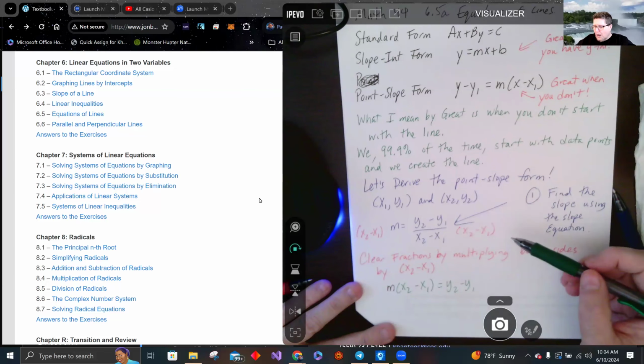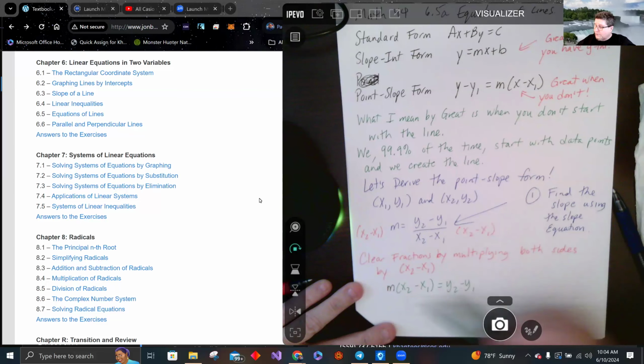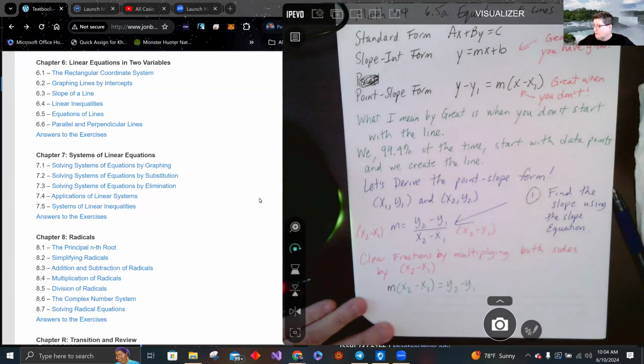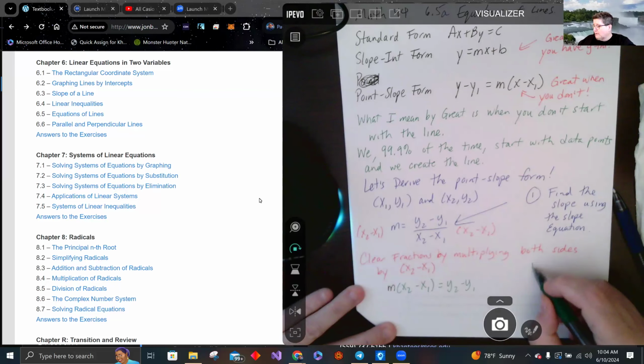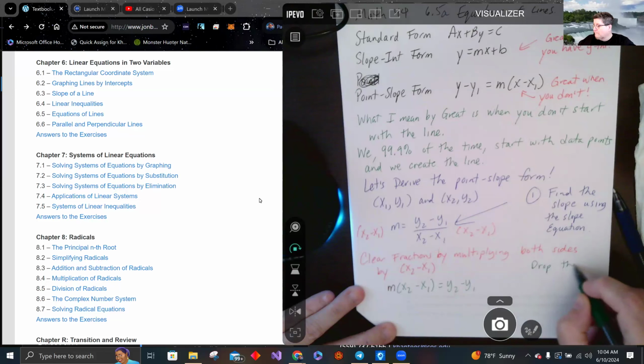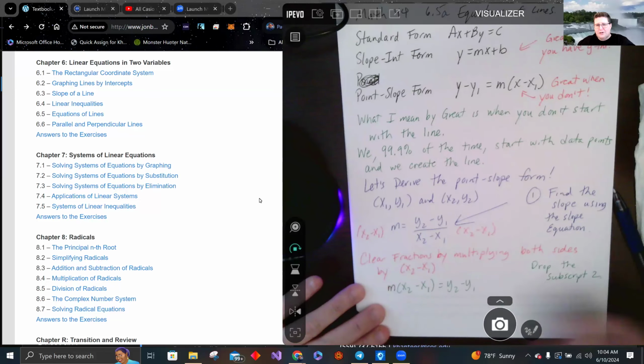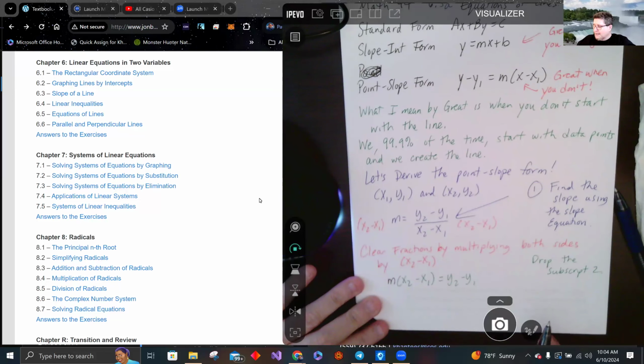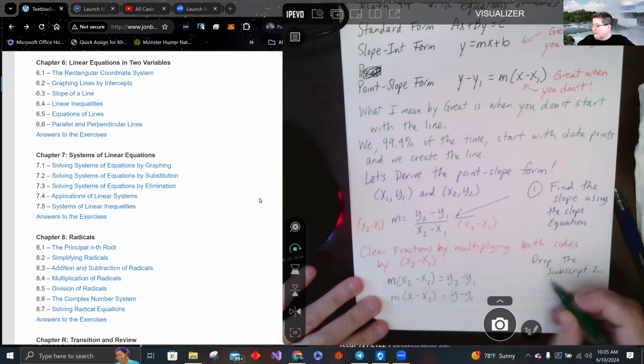So we just drop the subscript 2. When the text is below the characters, it's called subscript. So this becomes m times x minus x1 equals y minus y1. And we tend to just write it with the y's on the left.